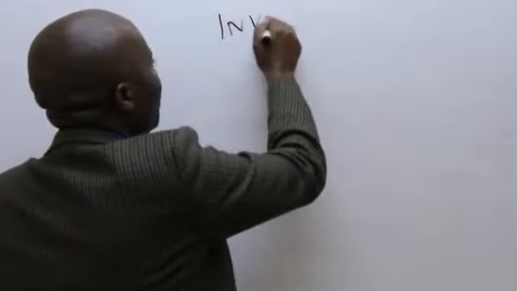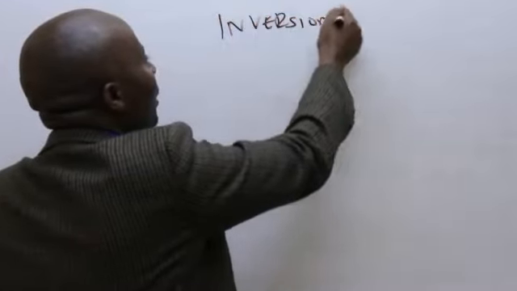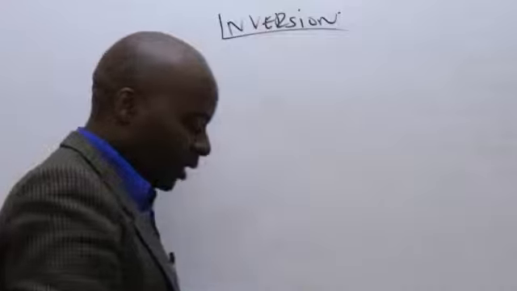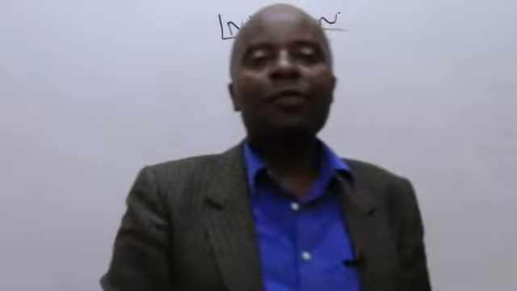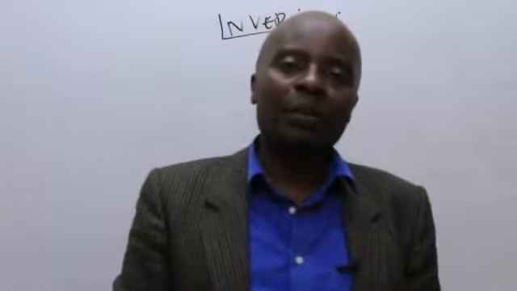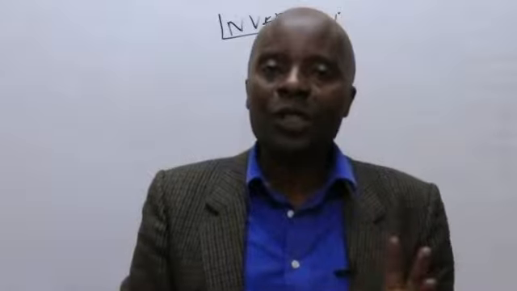So now that beckons for only one more operation, and we are out of that concept, what we call inversion. If you can remember, inversion, ladies and gentlemen, is applicable to square matrices.